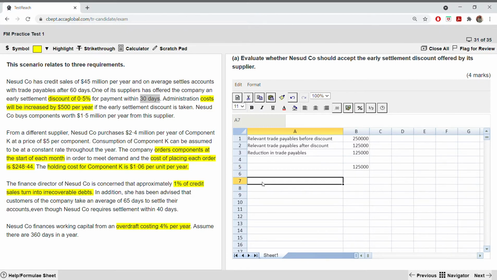Now you have to find out all the cost. What are all the cost? Increase in finance cost. Your finance cost will increase. Okay, all the cost you are writing here. What is it? What would be your cost?